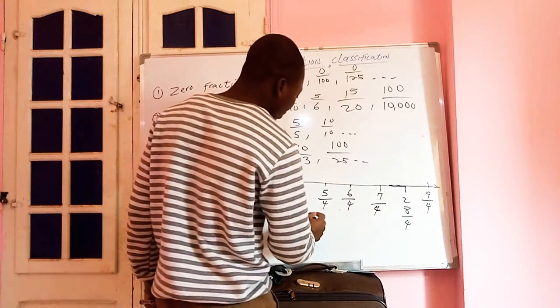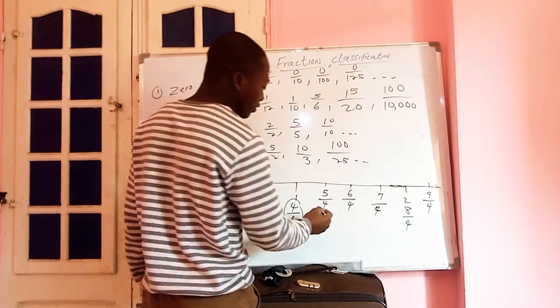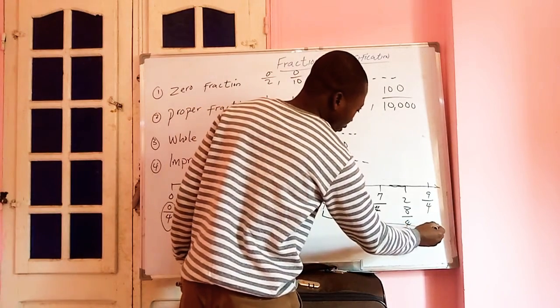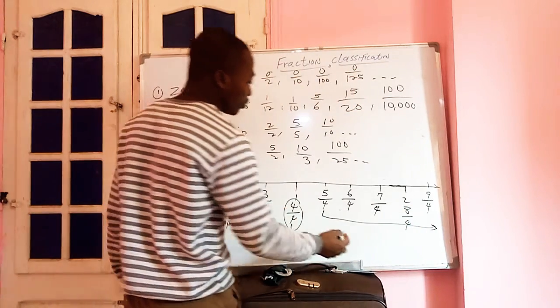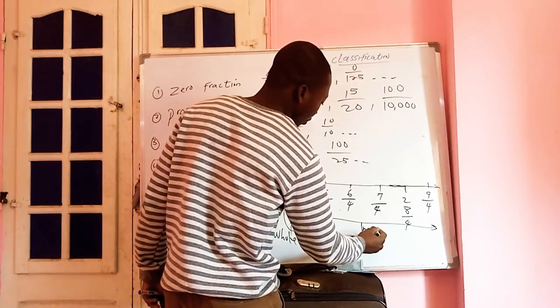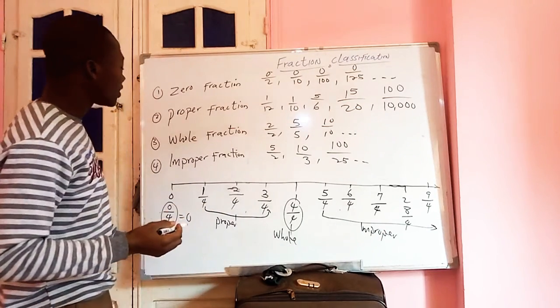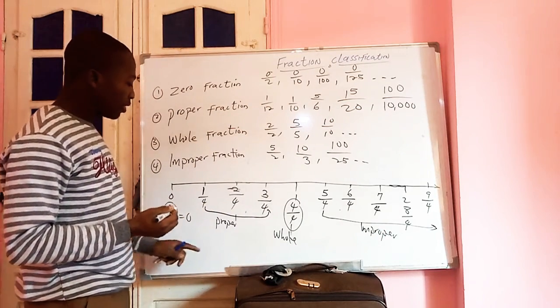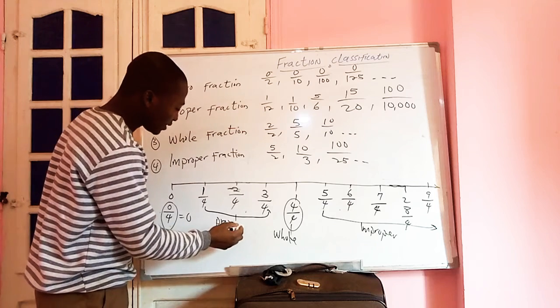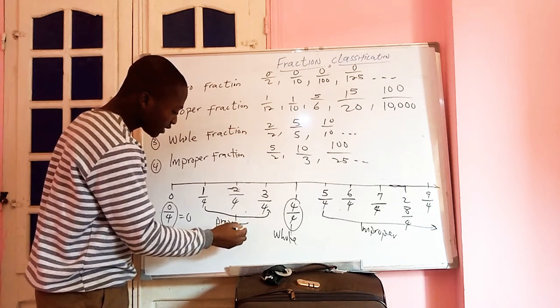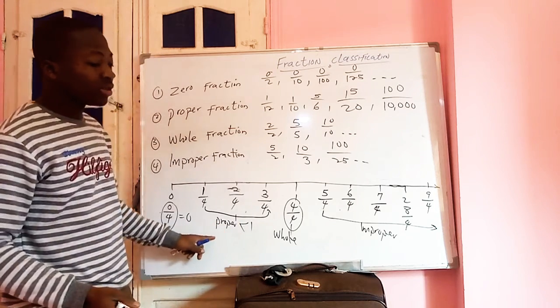And then after that, we have the improper fractions, from 5/4 going forever like that. So the zero fraction always equals 0, while the proper fraction is always less than 1 but greater than 0.